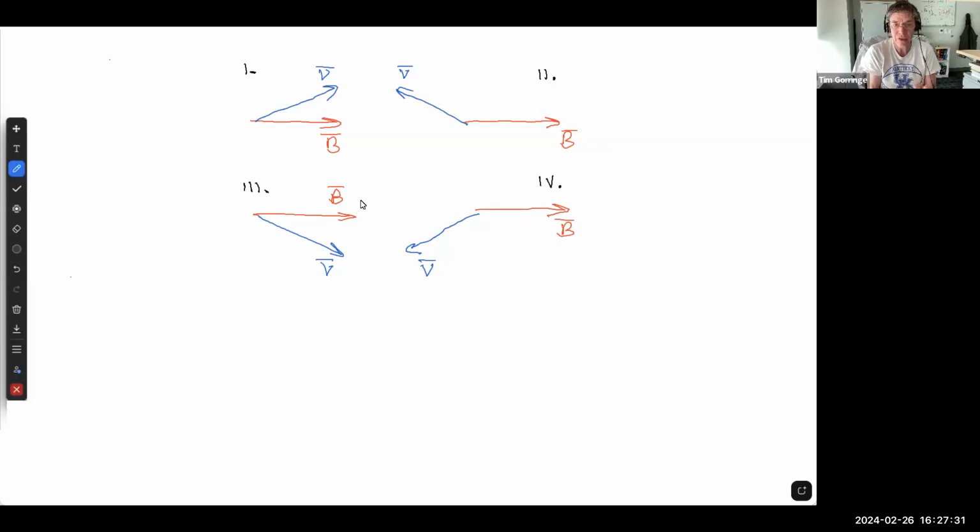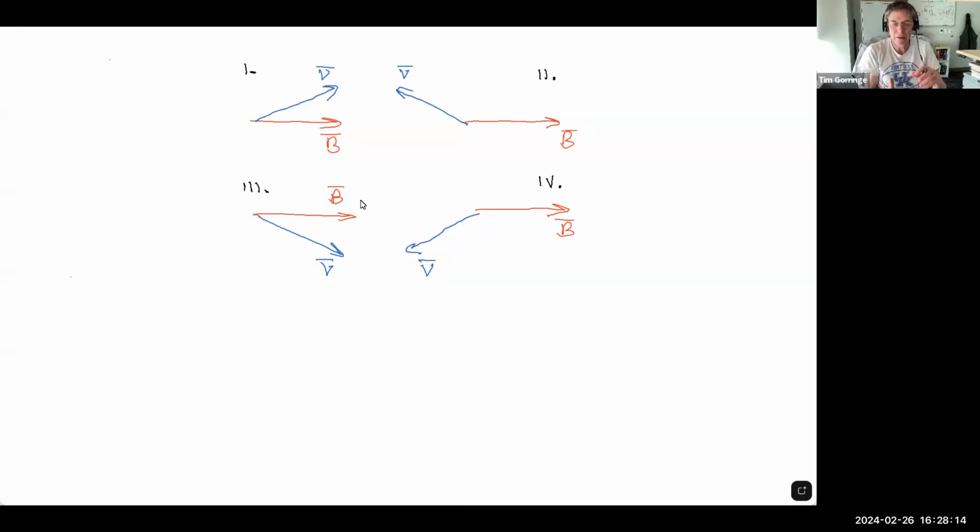Therefore, the force has to be either out of the page or into the page. Without worrying about the right-hand rule, I know that because V and B are in the plane of the page in all these four sketches, the force on that moving charged particle in that magnetic field is either going to be straight out of the page or straight into the page. So I'm just going to use the right-hand rule to figure out whether that force is into the page or out of the page.